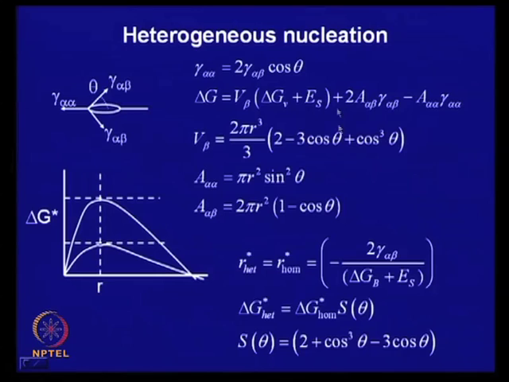So, if you go through the steps, you can show that the dimension in the expression for heterogeneous and homogeneous nucleation will be exactly the same. So, whether it is heterogeneous or homogeneous nucleation, the radius of this critical nucleus is the same, but that does not mean that the volume of the critical nucleus is the same.